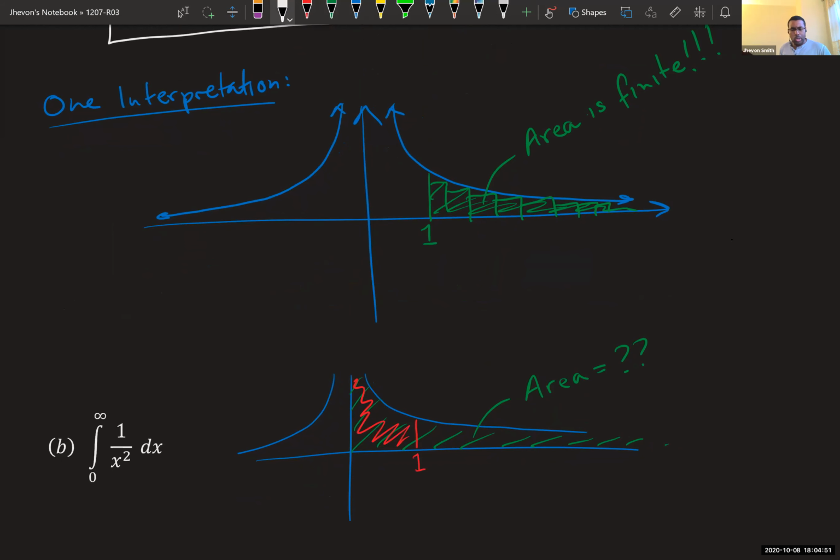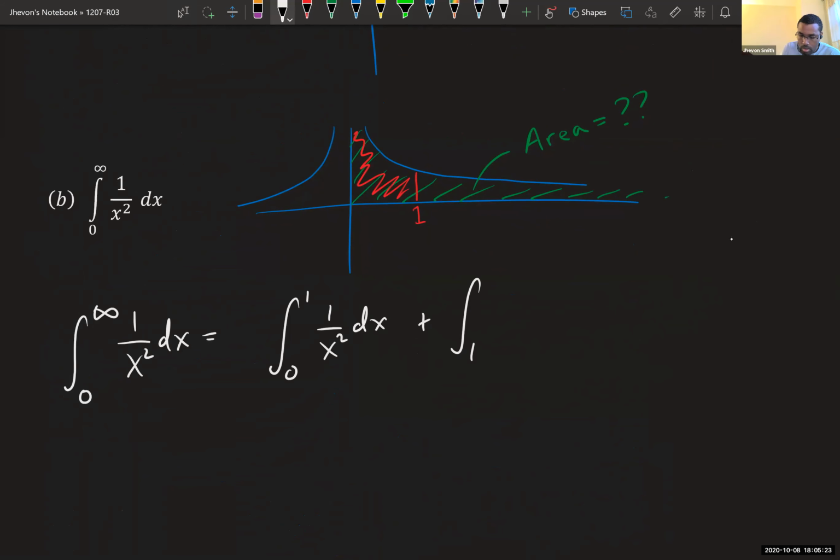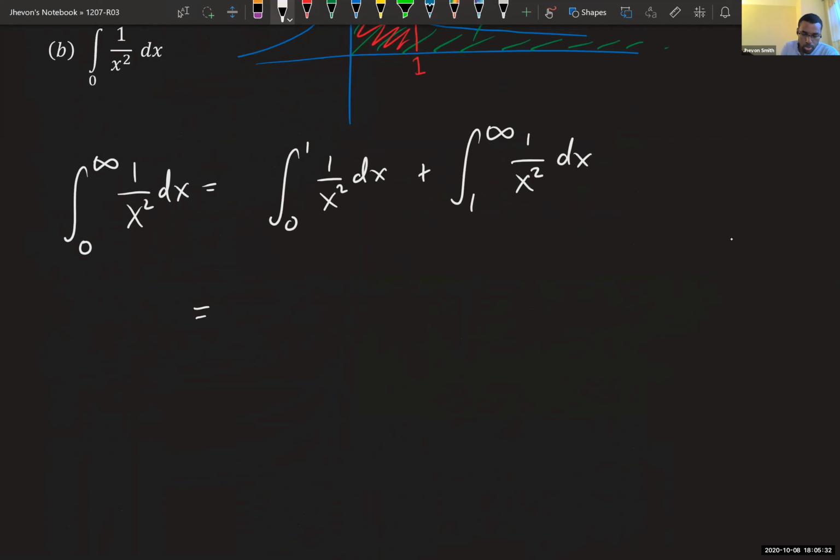So here, I'd have to break this into, say, and again, we can pick any number, so I'm just going to pick a nice one. And now I can use limits to approach it.